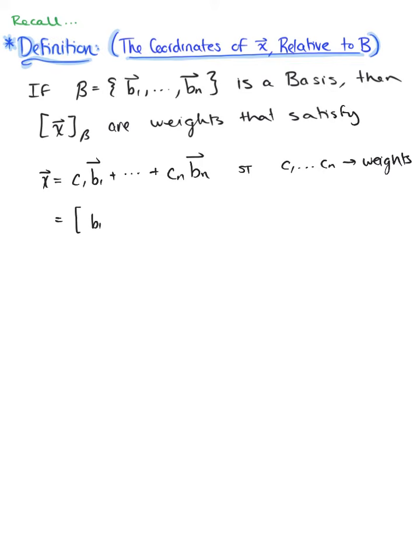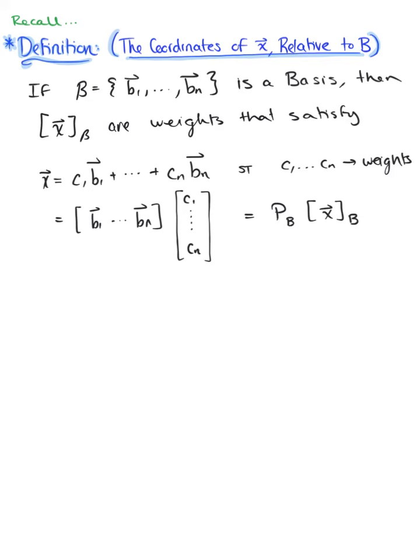So we have a matrix whose column vectors are defined by the vectors in the basis, multiplied by a column vector whose components are defined by the weights. And so we can rewrite this as the change of coordinates matrix relative to the basis B multiplied by the coordinates of vector x relative to basis B.